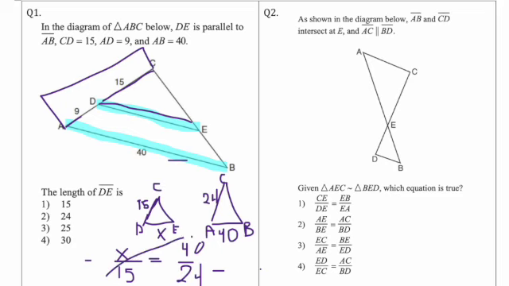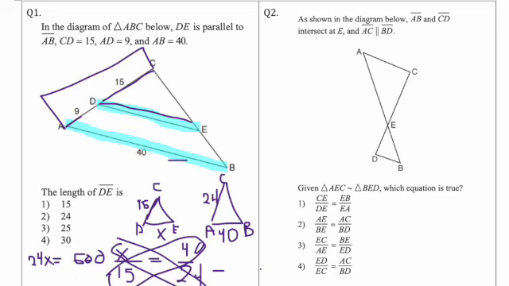Okay, we're going to cross multiply. And 40 times 15 is 600. And now we end up dividing, because that's equal to 24x. So let's divide 600 by 24.